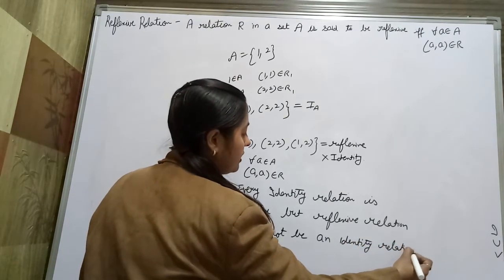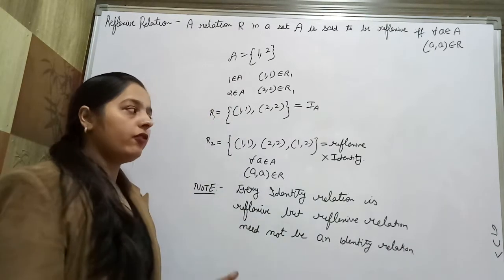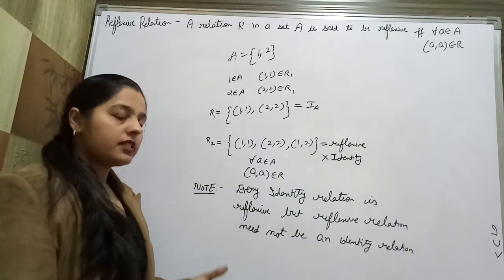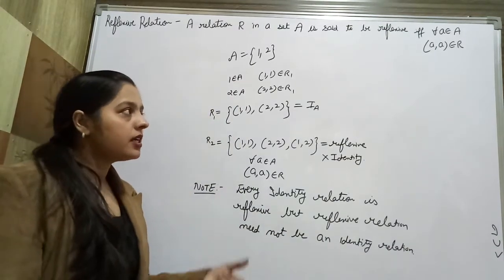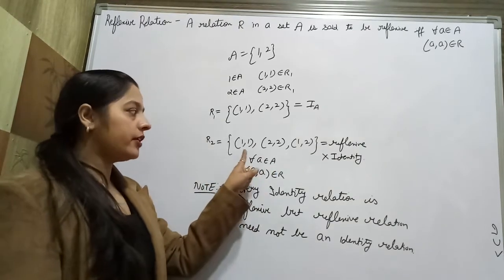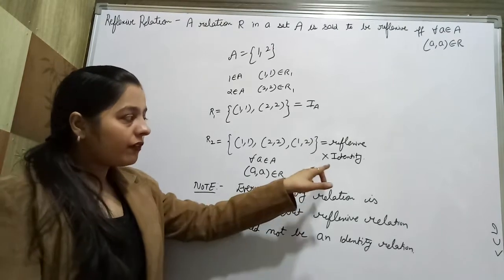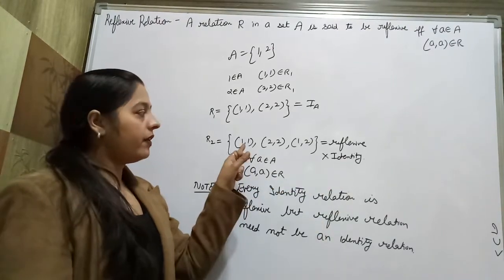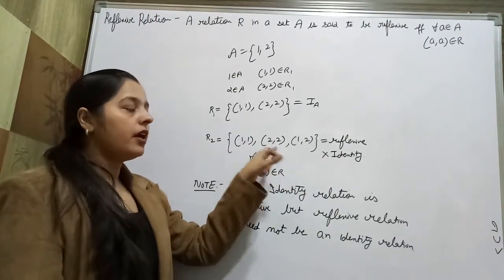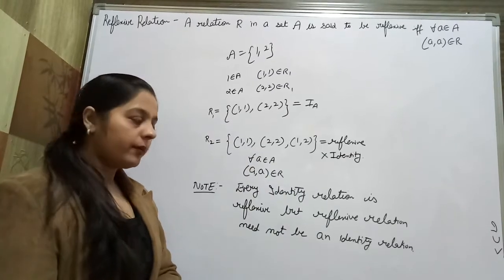So I hope the idea is clear, that for reflexive relation, the necessary and sufficient condition is that every element must relate to itself, but it may relate to others also. But for identity relation, every element is related to itself and only to itself, right?